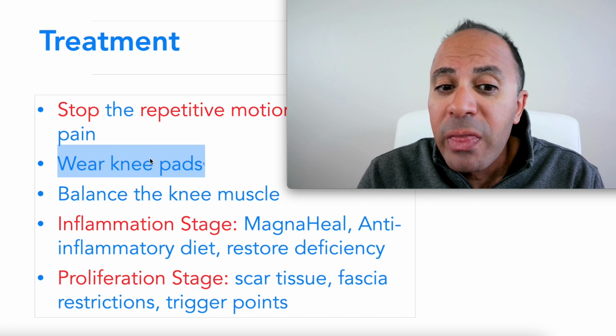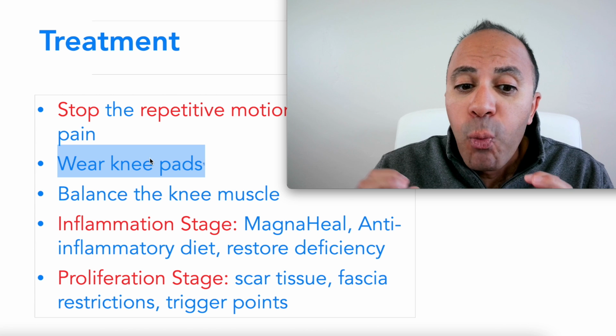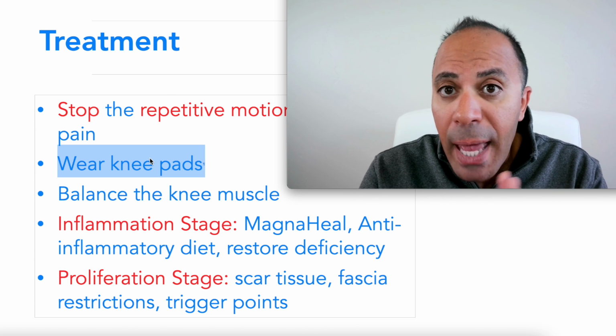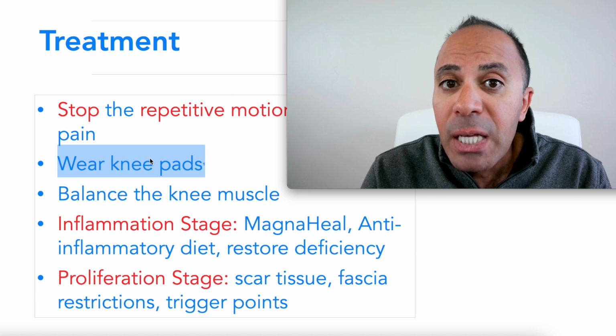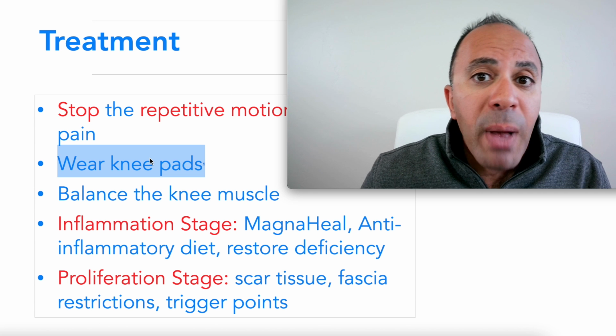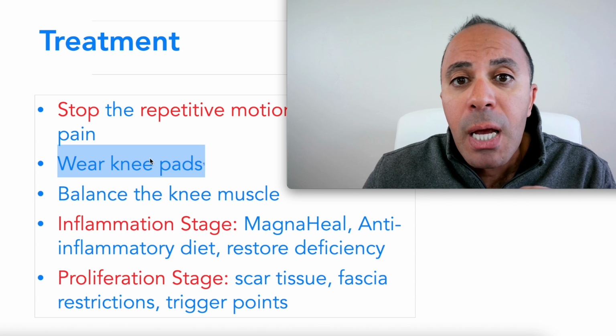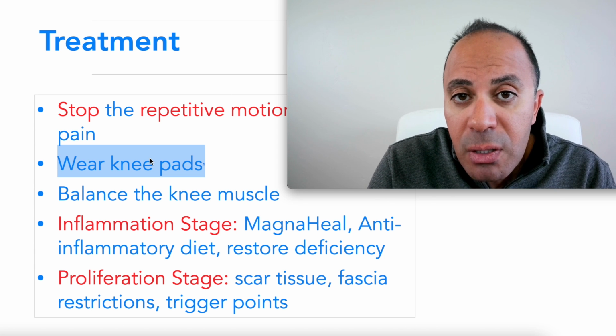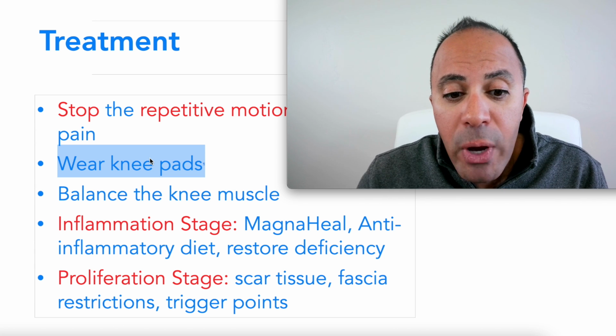The other important thing while you're stopping to do that, we need to balance your muscle. Remember, exercises, as I mentioned, and stretch, are not gonna break your scar tissue, are not gonna release your fascia restrictions. To really balance the knee muscular tissue, you have to release the scar tissue, you have to release the fascia restrictions and the trigger points.